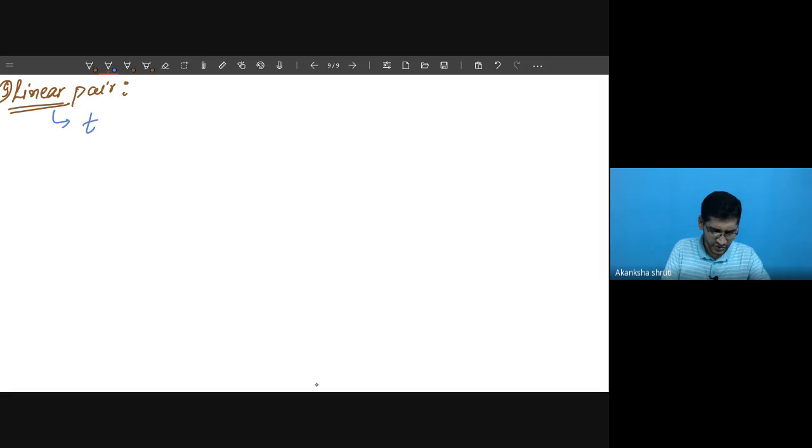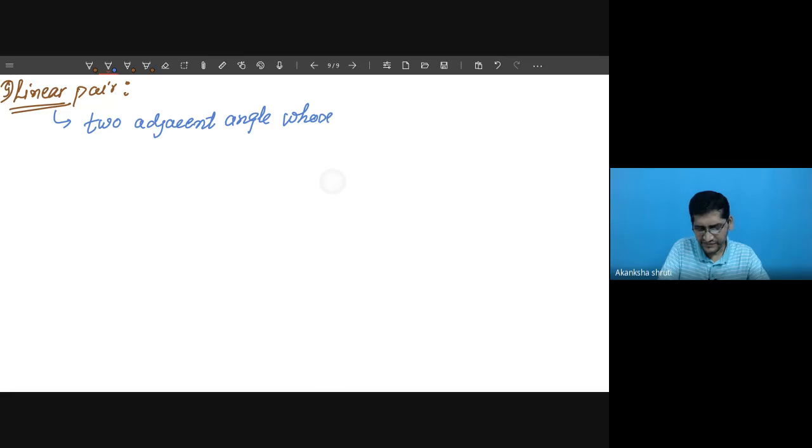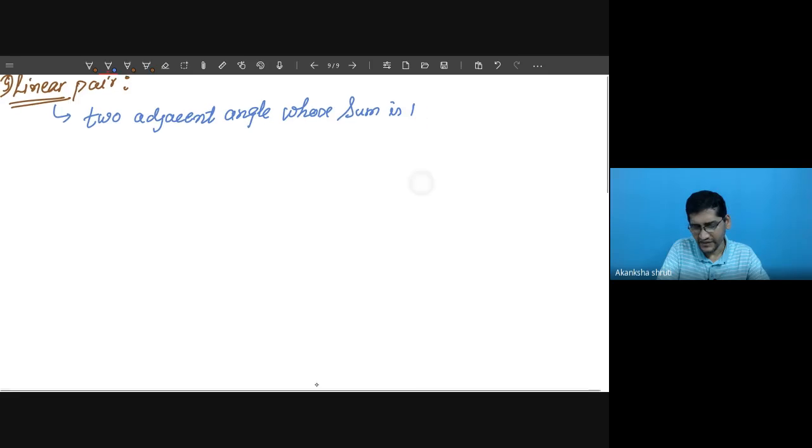So two adjacent angles whose sum is 180 degrees. So here the two angles should be adjacent.